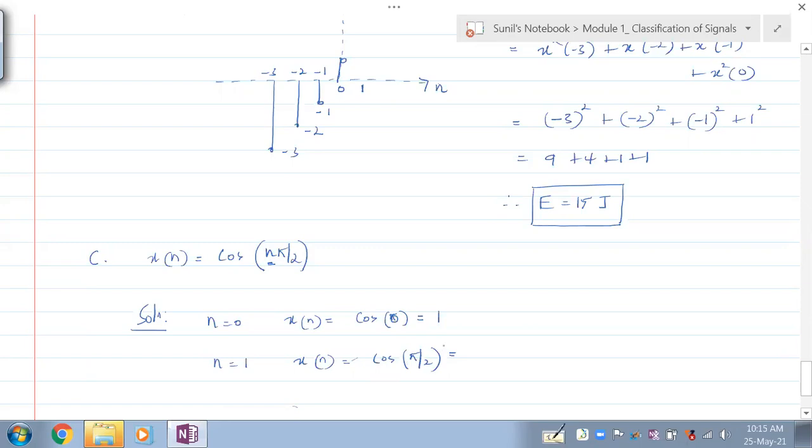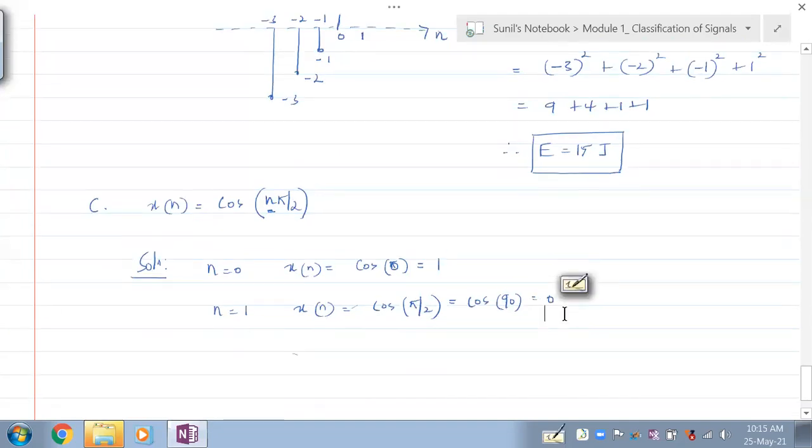Cos pi by 2 needs to be looked at as cos 90 degrees, and that is 0. At n equal to 2, it is cos pi, or cos 180 degrees, and it is minus 1.